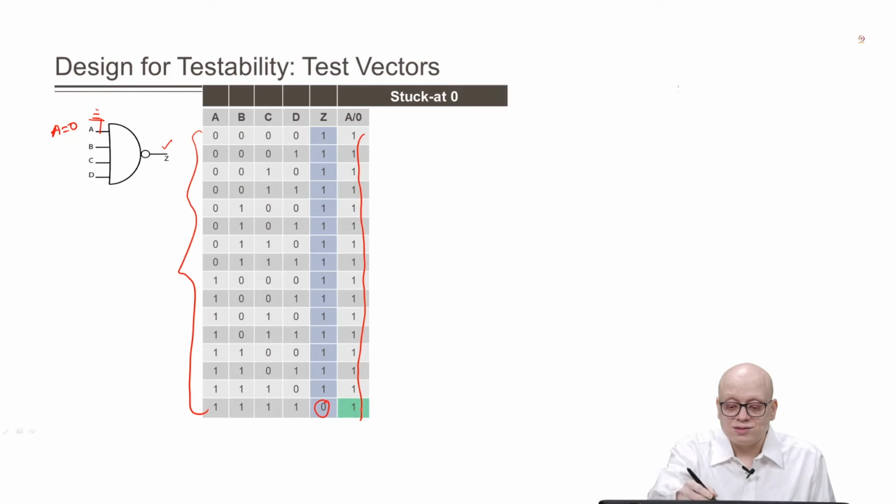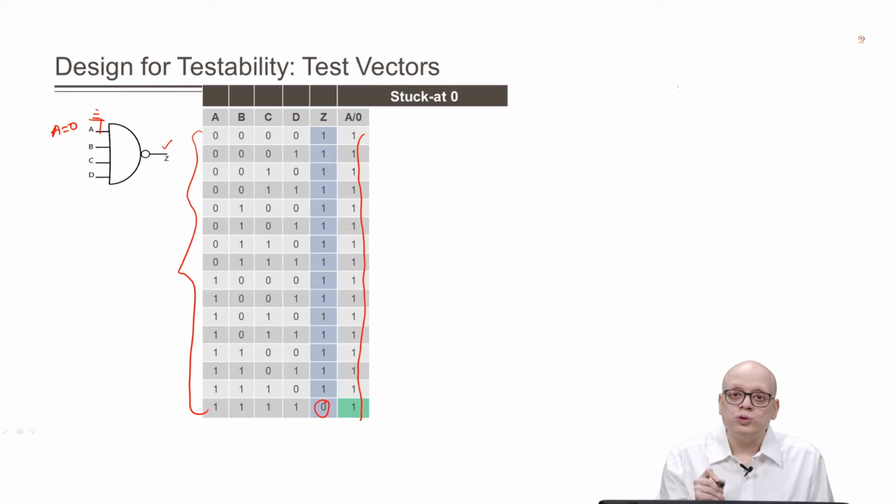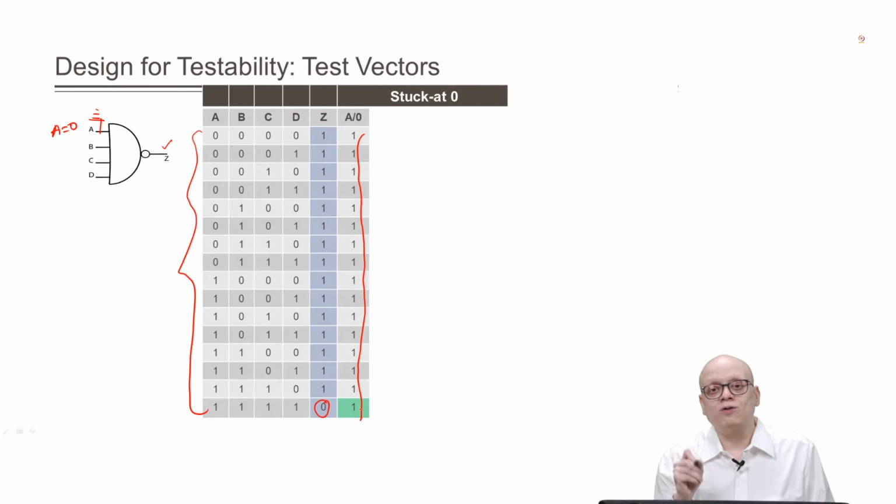And then from this truth table we can derive the test pattern. So, remember that a test vector is the input combination that produces different output for a faulty circuit and a fault free circuit.